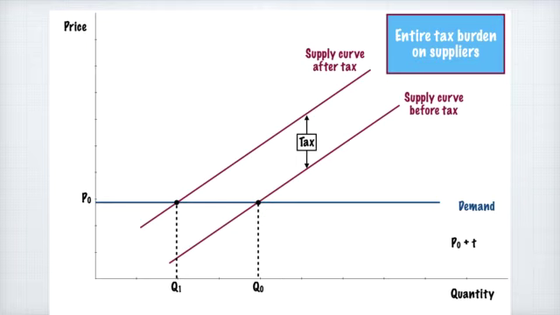So the suppliers cannot pass the tax on to individuals. They're only going to be paid P0 for that particular price. So the entire burden falls upon the supplier. They're going to charge P0, but they're going to have to remit the tax itself, so they receive P0 less the tax as the actual price, or the revenue that they're actually receiving.